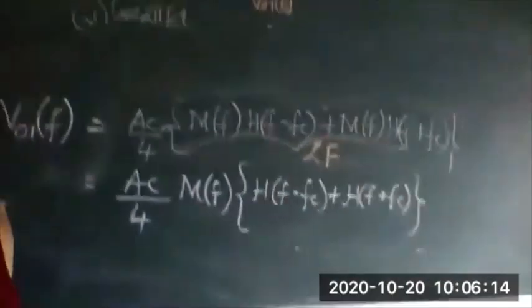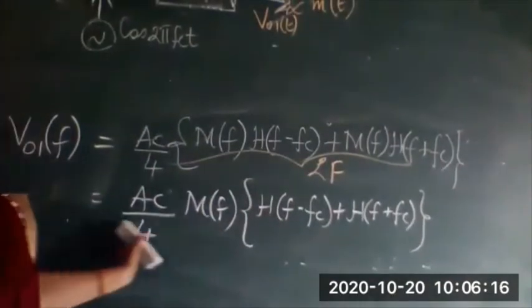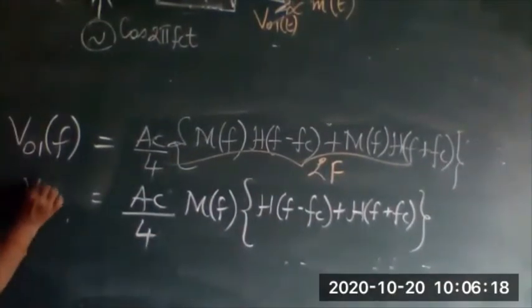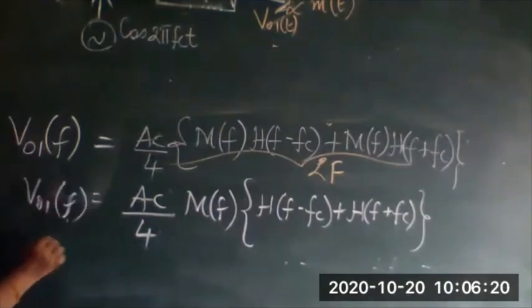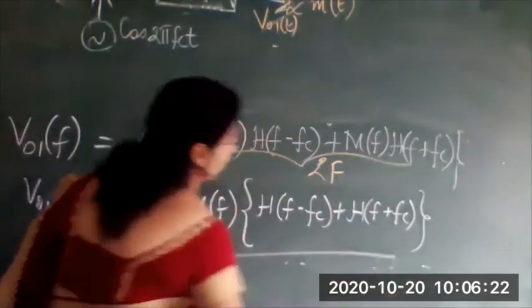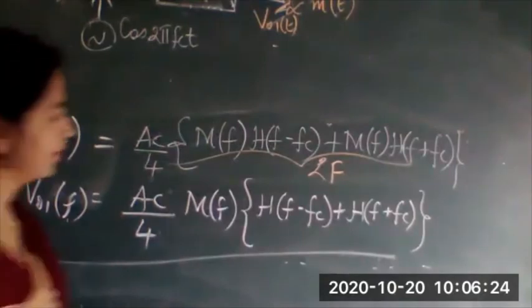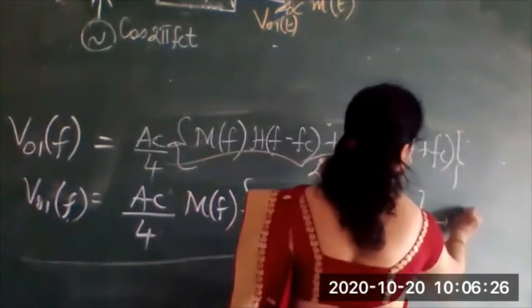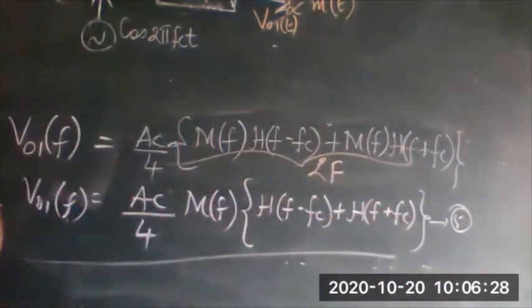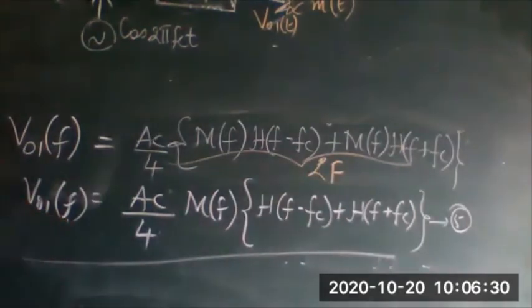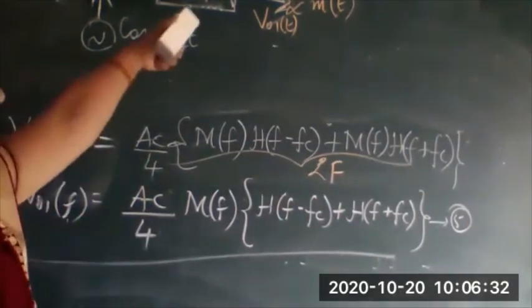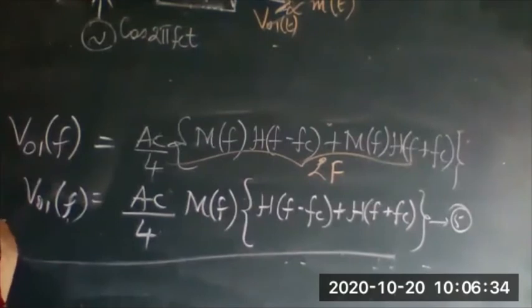Okay. So the final equation V01 of f is this. Call this equation 4 or whatever, equation 5. This is the final output after the low pass filter.